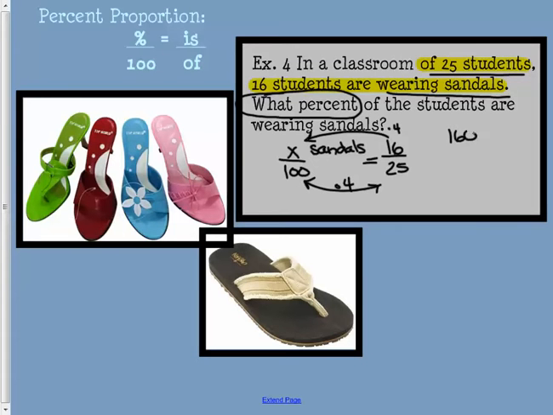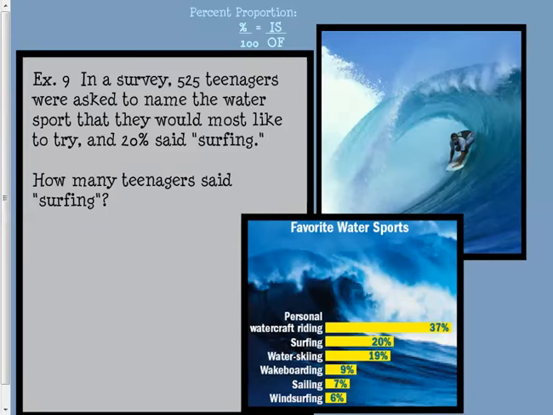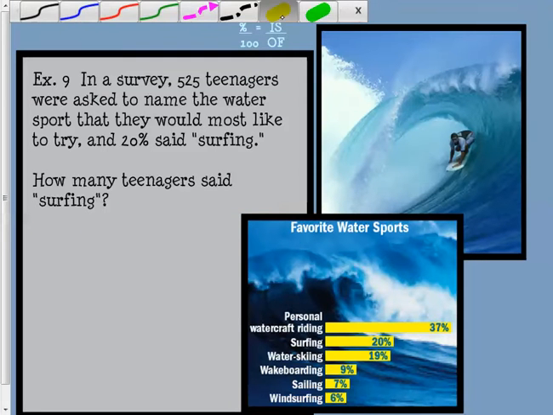Or you can do 1600 equals 25x, divide by 25. Either way, you get a total of 64. So 64 percent. Because this was my whole, and this was my part. Whole also means total. Again, highlighters are always helpful.